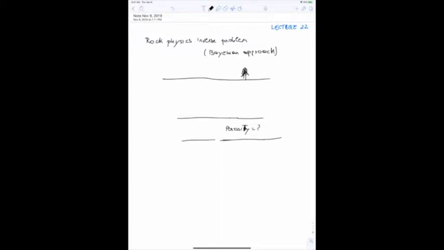Let's say that we don't have direct measurements, but what we can measure is the velocity of the seismic waves. So the velocity is the measured data, and the porosity is the unknown model.